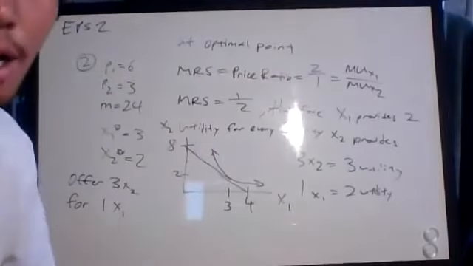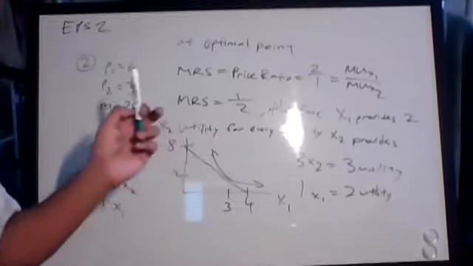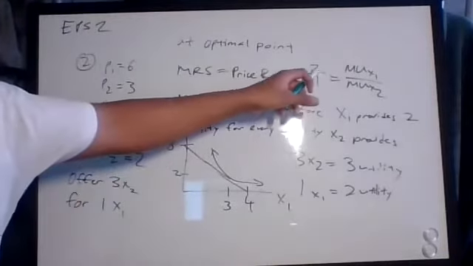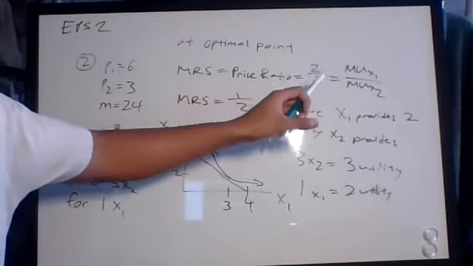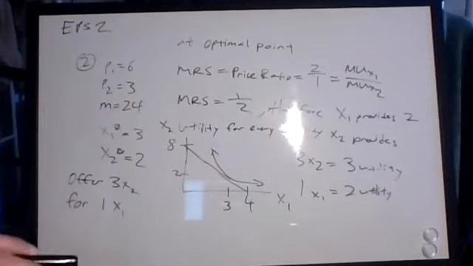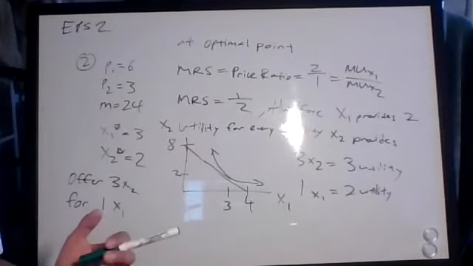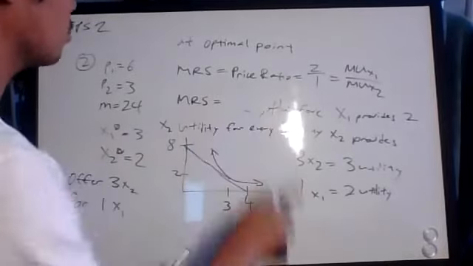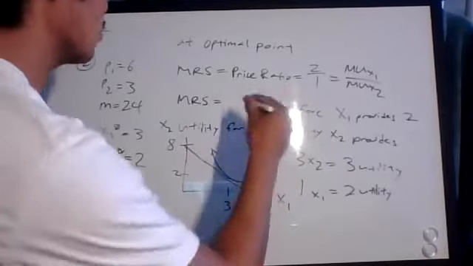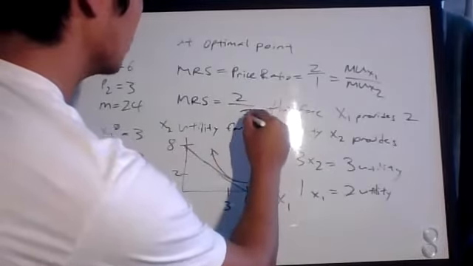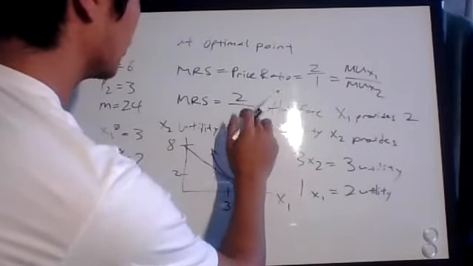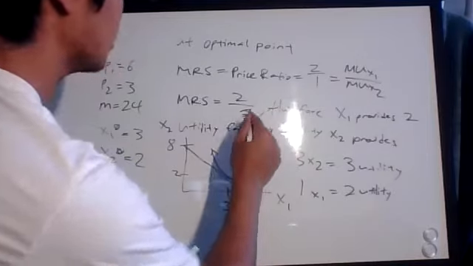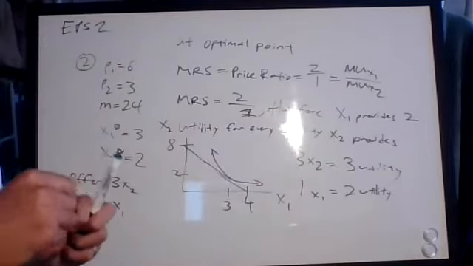That's correct. When we know what our MRS is, that's essentially telling us the ratio of marginal utilities. So this should also be 2 over 1. I apologize for the mistakes, but the logic remains the same.